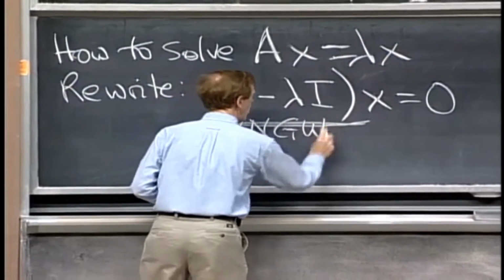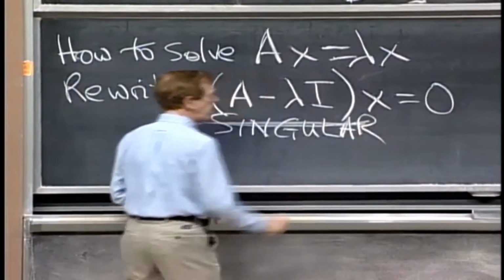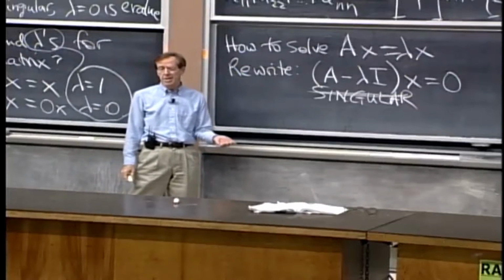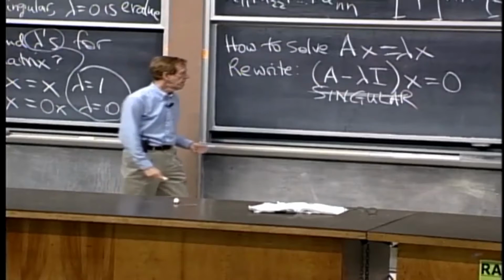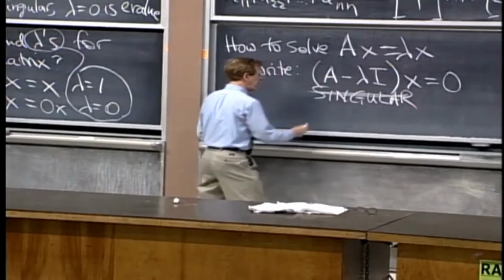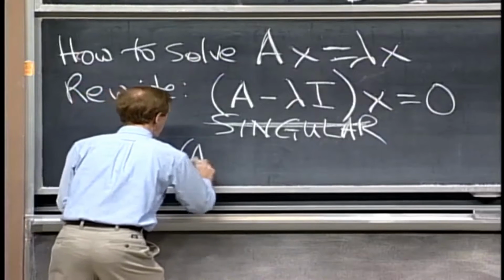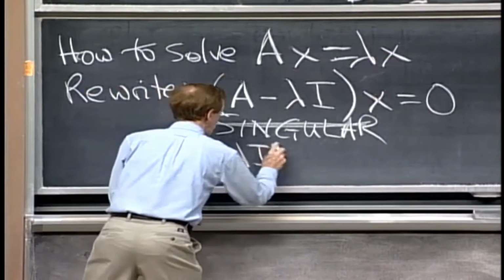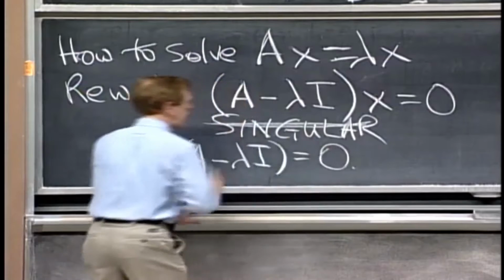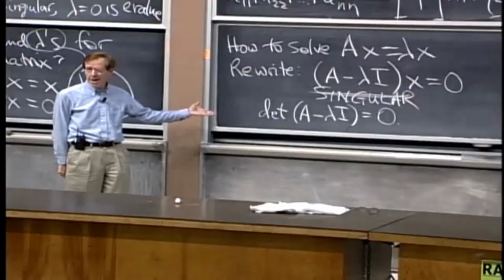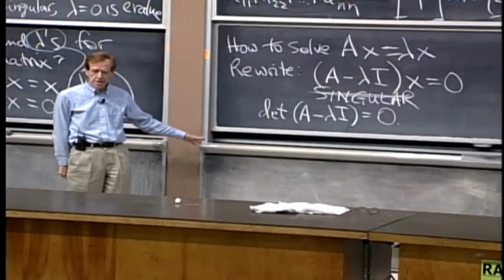And what do I now know about singular matrices? Their determinant is 0. So from the fact that it has to be singular, I know that the determinant of A minus lambda I has to be 0. And that, now I've got x out of it.